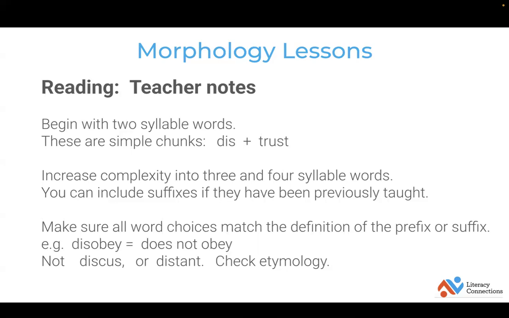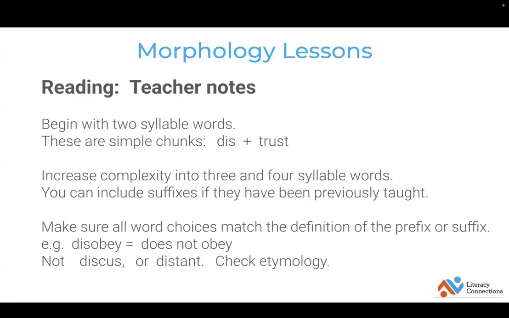And here is a little bit of a word of warning, and it is a bit tricky, particularly if you start bringing AI into this: making sure that the word choices match the definition of the prefix or suffix. There'll be hundreds of words that begin with dis, D-I-S, but are they all words where dis acts as a prefix that means not or no?